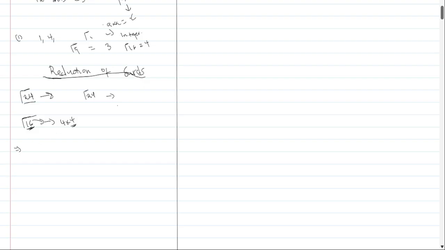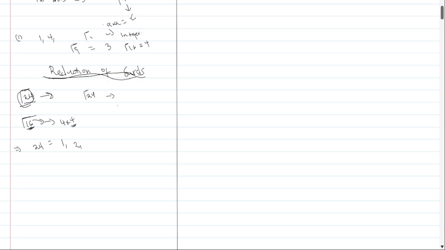Now, when we talk about reduction of surds, we mean reducing the surd such that it contains no factors which are perfect squares. Reduction to the basic form means writing the surd in a form which contains no perfect square. For instance, when we take 24, what are the factors of 24?